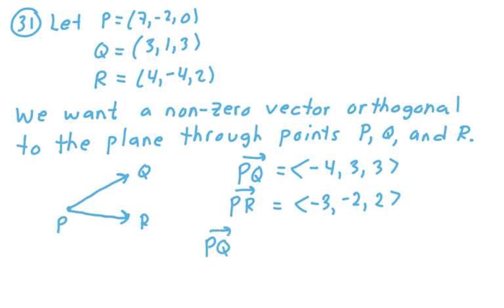So PQ cross PR. This is the vector. 6 minus a negative 6 is 12. Okay, so I'm going to put a 12 in the first component. And then negative 8 minus a negative 9 is 1, but we take the opposite sign. So negative 1. And then 8 minus negative 9 is 17. Like so.